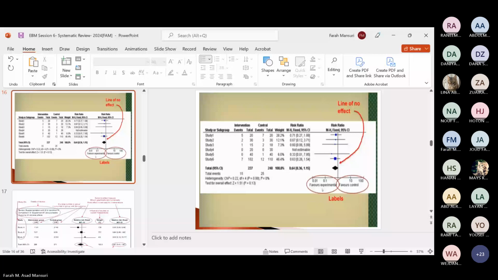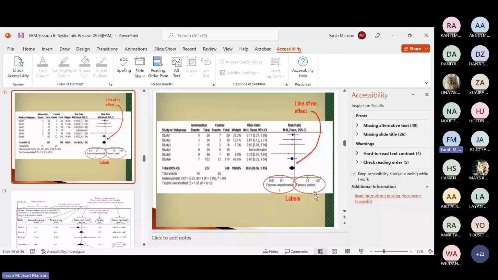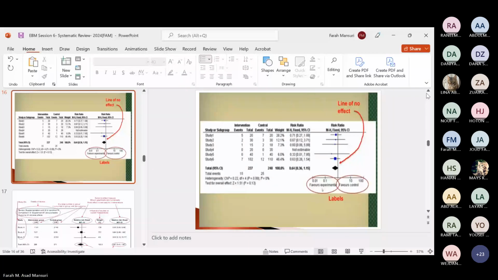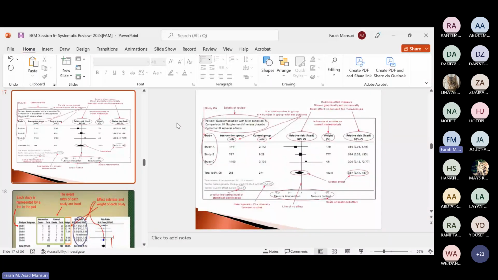So let's see the next slide. Here is again a forest plot for another example, and each and every analysis indicator is mentioned here. The left side is about the studies, the different studies.